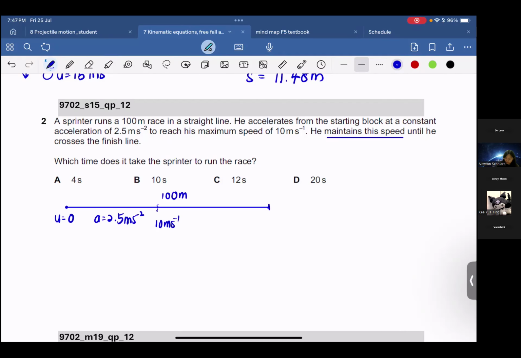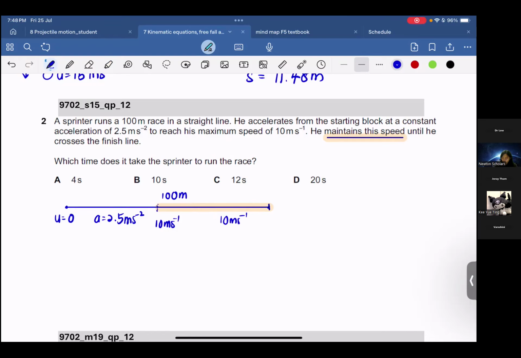From this part to this part, they remain the same velocity. If they remain the velocity, we use what I told you at the start, V equals S over T. No need to use the four linear motion equations because here the speed is maintained. So all the time it is 10 meter per second until he crosses the finish line.